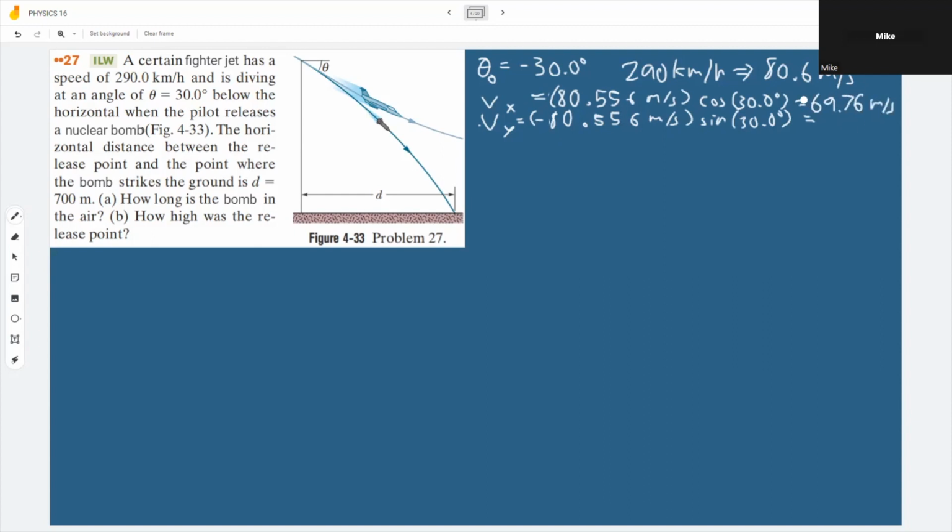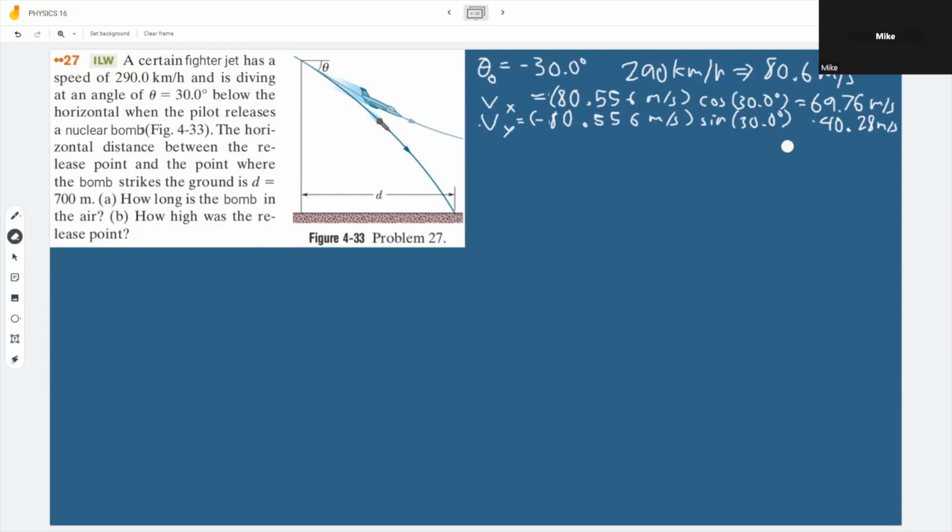And then the other one is 80.56 times sine of 30. So, negative 40.28. So, yung sign, di ba may sign yan? Yes, may negative. May negative sign.